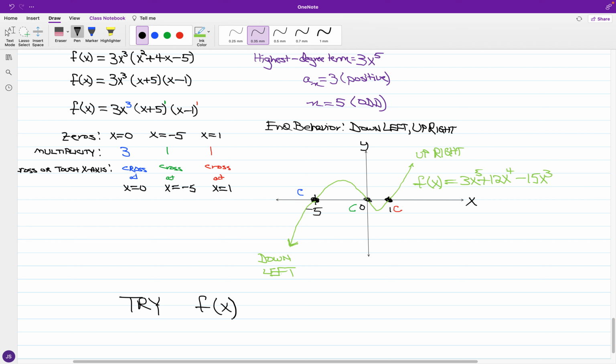Let's see what we get for the zeros, multiplicities, where the graph crosses or touches the x-axis, as well as the end behavior.